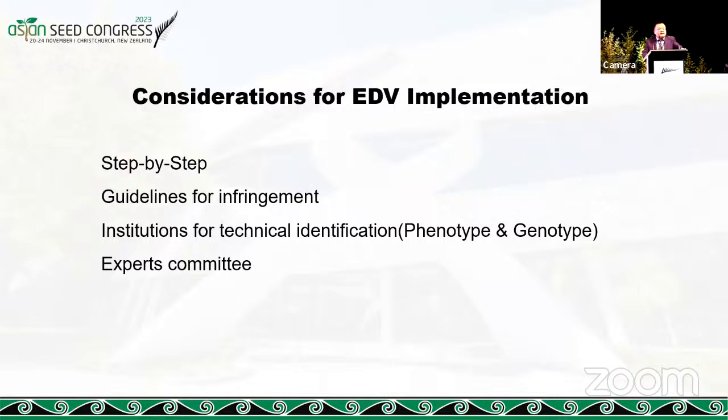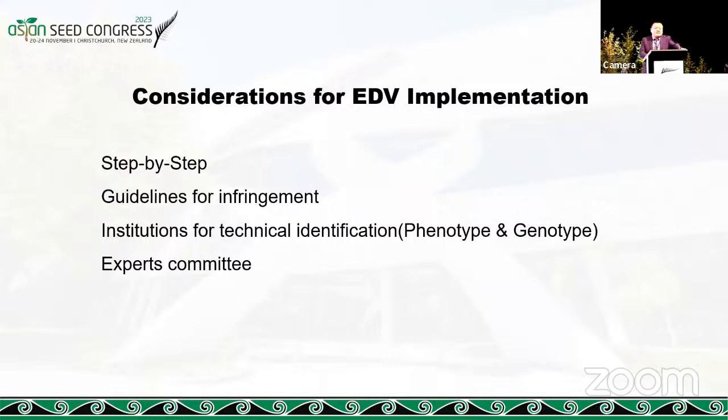And the third one is we want to select some institutions to provide technical support. For the phenotype, like the UPOV subcenters in China, they can provide identification using the phenotype method, and some institutions can provide support using the genotyping method.